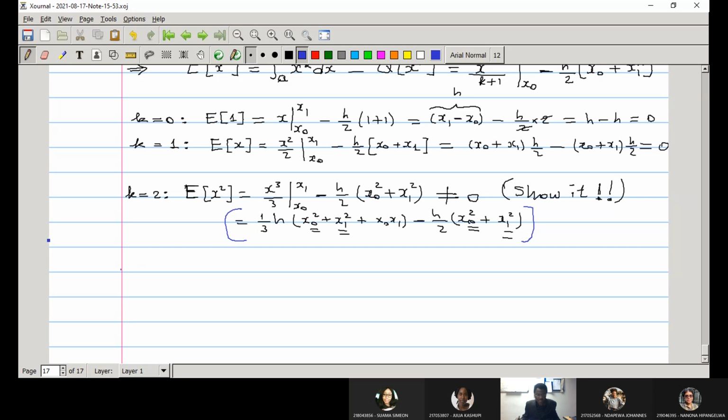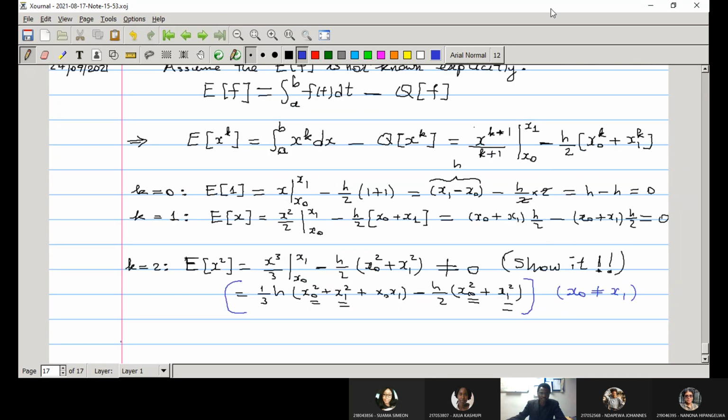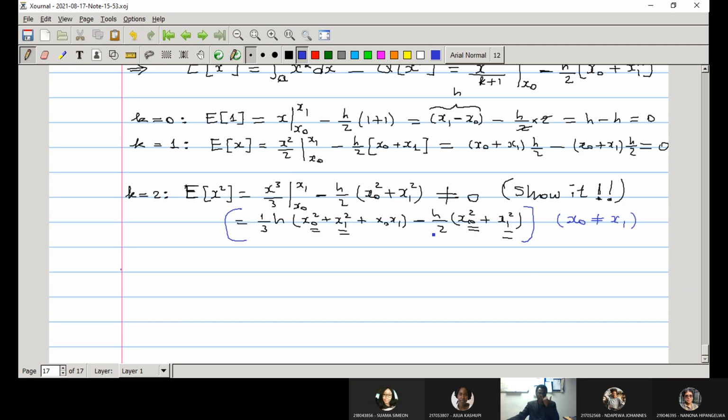So x0 is different from x1. They are not equal, because if they are equal, this integral will be 0, right? So h is not 0. You use that to show that this is always non-zero. Okay, so that is it for this one.